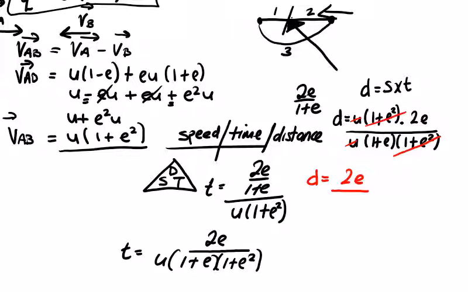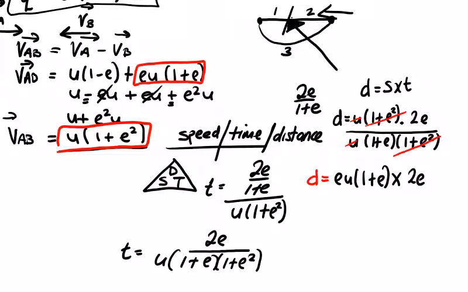have I left an E out? I think I have taken the wrong speed here. I took this guy and I should have been taking this guy, the speed of B, not the relative speed of both together. So let me just redo that. Ignore that one above. So the distance is going to be the speed EU times 1 plus E times 2E.